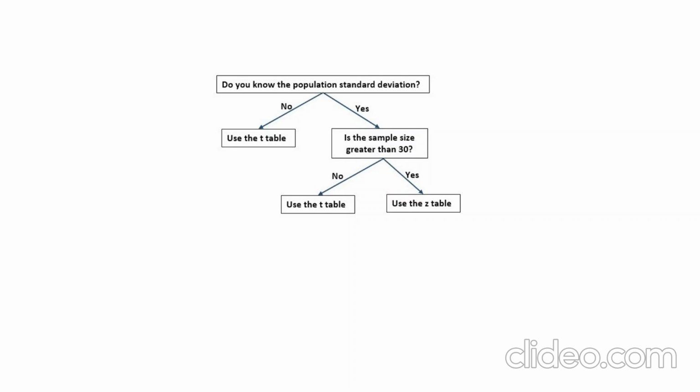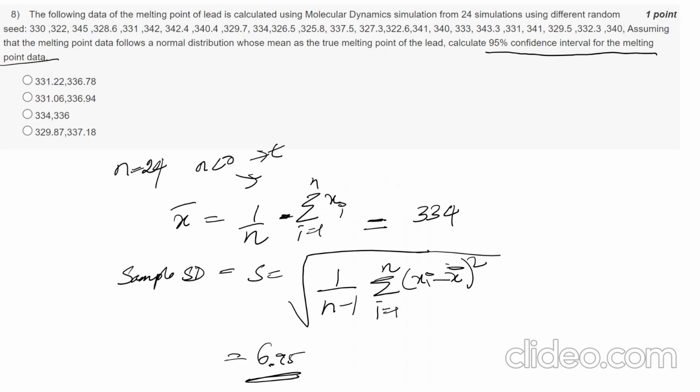If you know the population standard deviation, then you can go with the Z table, provided the sample size is more than 30, you can use the Z table. If the population standard deviation is not known, we can directly go to the T table. That is what we are going to do. We don't know the population standard deviation, so we are directly going to the T table.